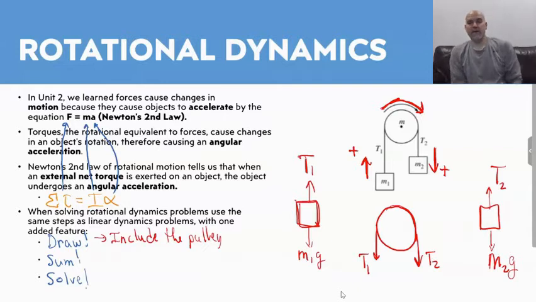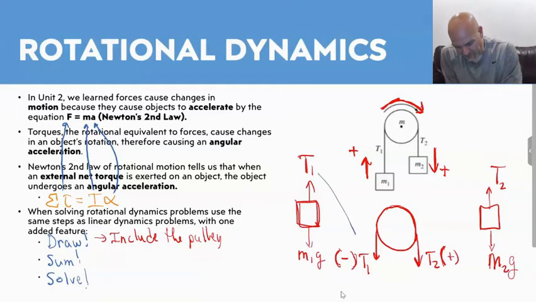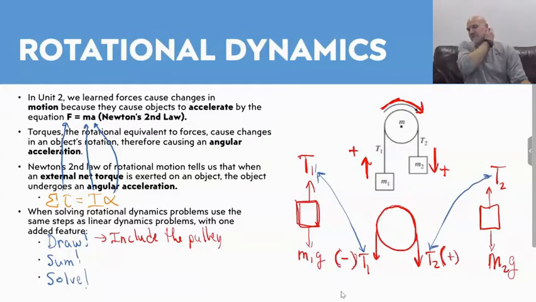T1 is heading down this way. So T2 would cause a positive torque the way we're addressing this, and T1 would cause a negative torque. But again, what are we looking for? Something that we can maybe solve for in terms of each other. So that would be our draw step, and then now you do the summing.